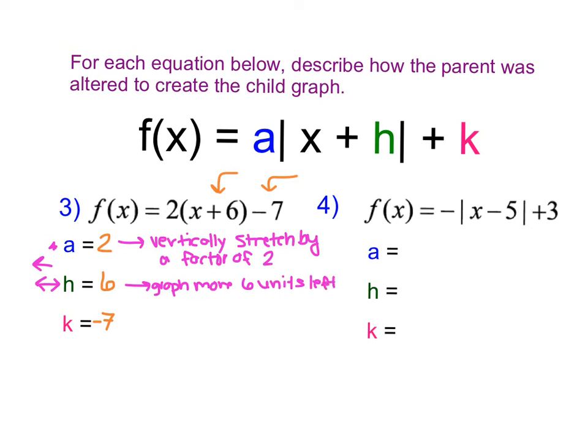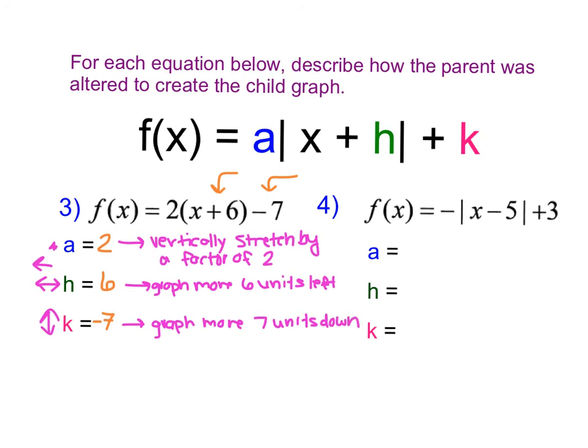Then we have our k value, which is our vertical shift going up and down, and this one works as expected. So k, which is negative 7, is going to move the graph 7 units down.